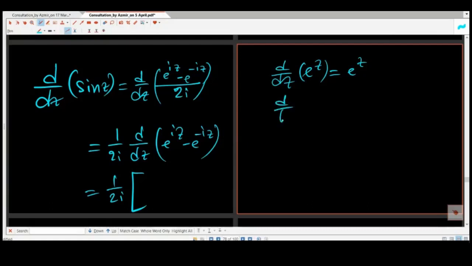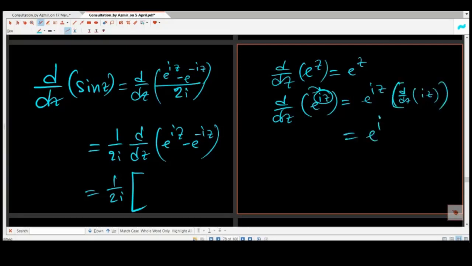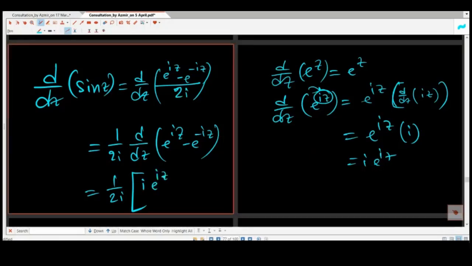By using the chain rule, we write e^(iz) and the derivative of iz again. i is constant, the derivative of z is 1. So we have i e^(iz).